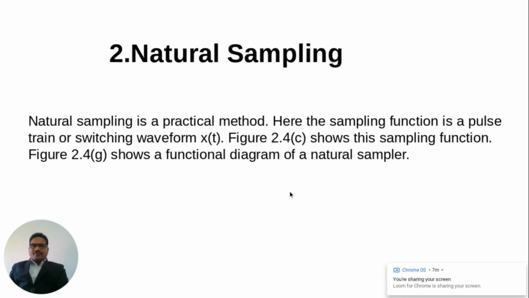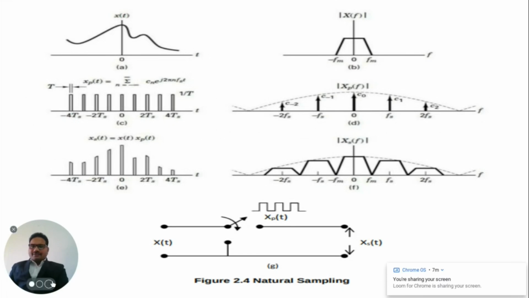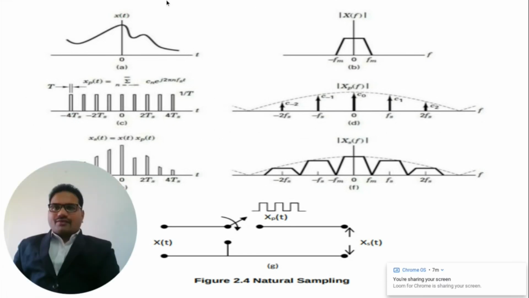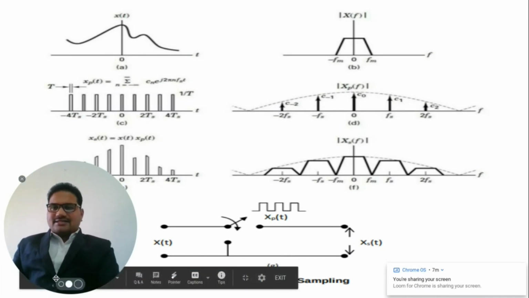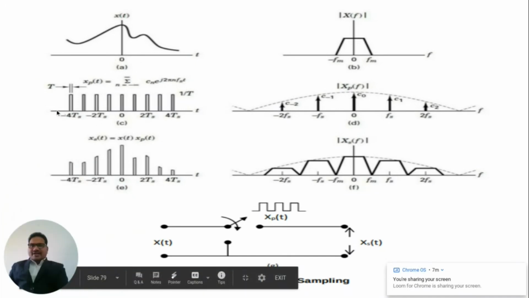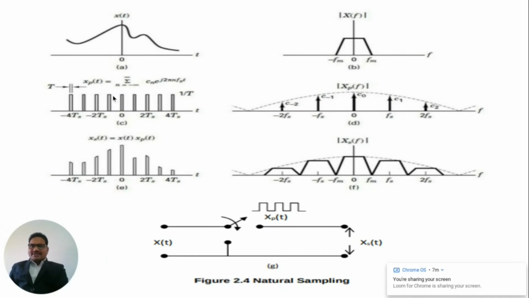Now, as shown in this figure, the band limited analog signal, that is x of t, is multiplied by this pulse train, that is x p of t. And if you see, the pulse width is of duration tau, and the amplitude of this pulse is 1 upon tau.